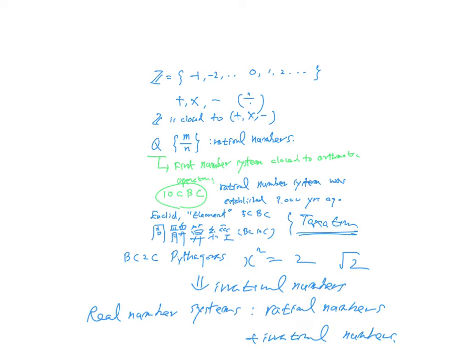But in the 18th century, there's another question. Is there any number that, if you square it, you get -1? There is no real number, right?